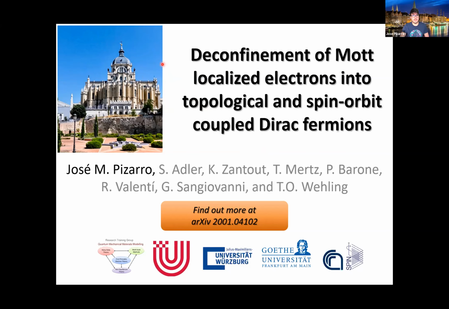You have the Christian cathedral, then this Muslim wall, which was created during the origin of the city, and also a fountain with this Star of David from the Jewish religion. And as such, I'm going to mostly talk about this Star of David in transition metal dichalcogenides, so I think it's perfect to put it here.